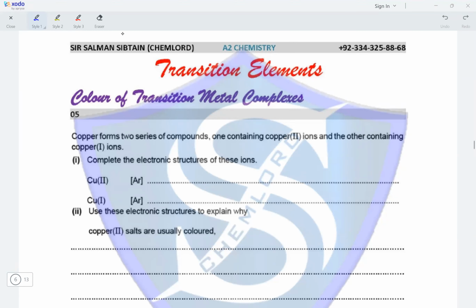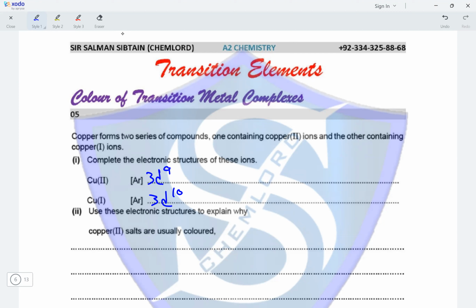So we continue the configuration with 3d9 for the copper 2 plus ion, and copper 1 would have 3d10 as the outermost electronic configuration in the ion.